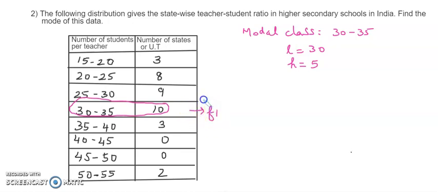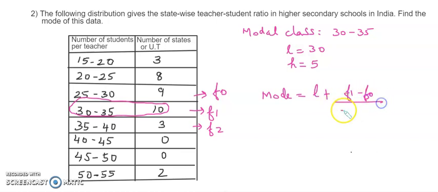The frequency of the class is F1, the frequency of the class preceding is F0, and the frequency of the class succeeding is F2.